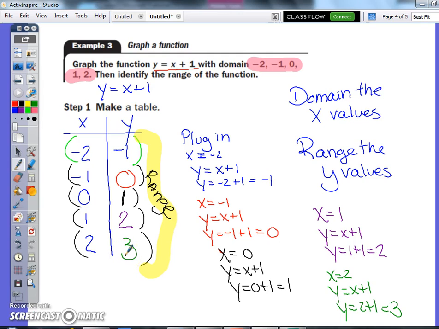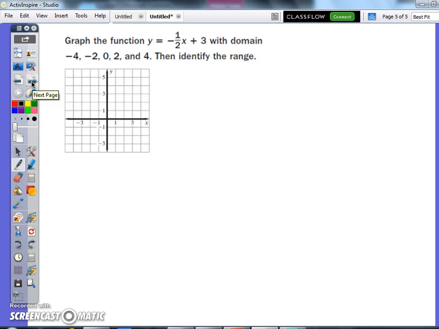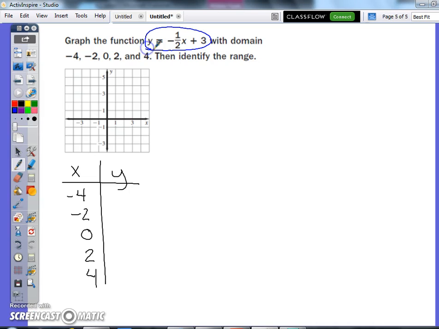So we're going to do the same thing on the next page. We have our domain. Our domain is the x values that they give us. So it is -4, -2, 0, 2, and 4. We're going to plug into the equation they give us. Here's the equation they give us. And we're going to find our range. So remember, this is my domain.